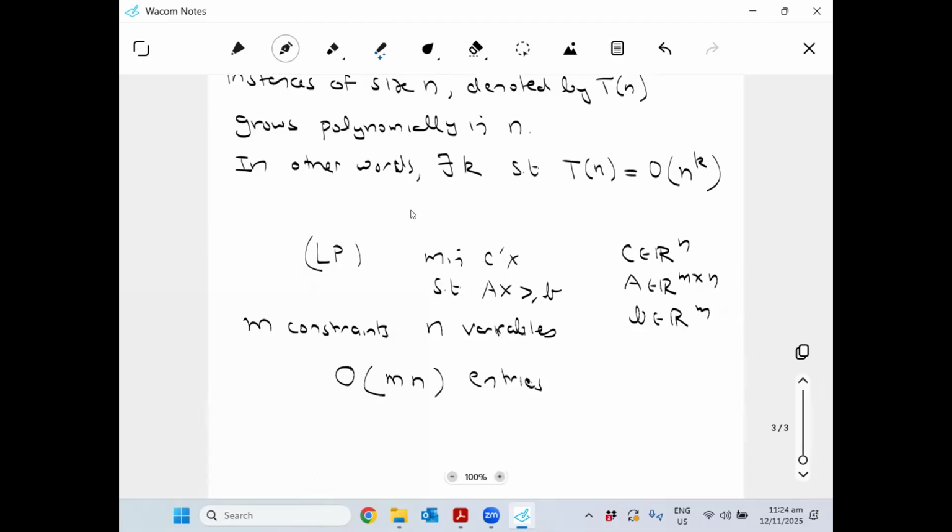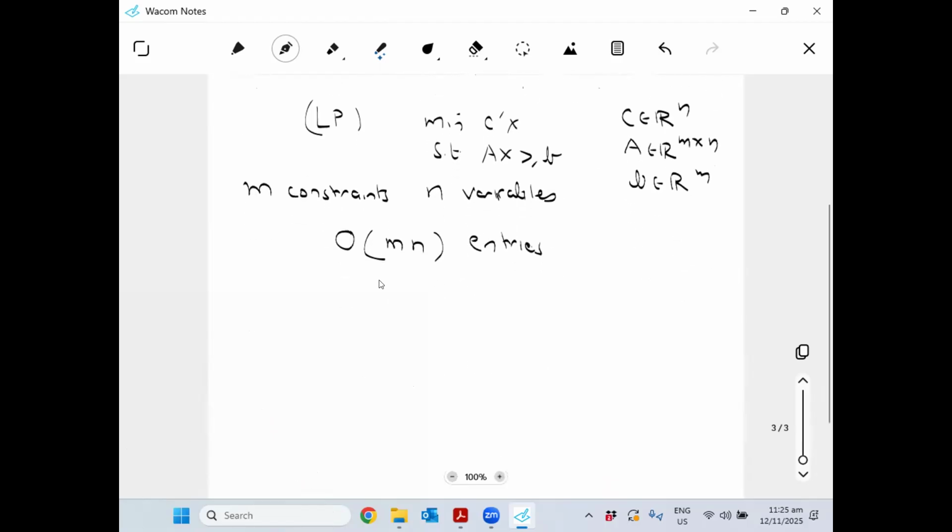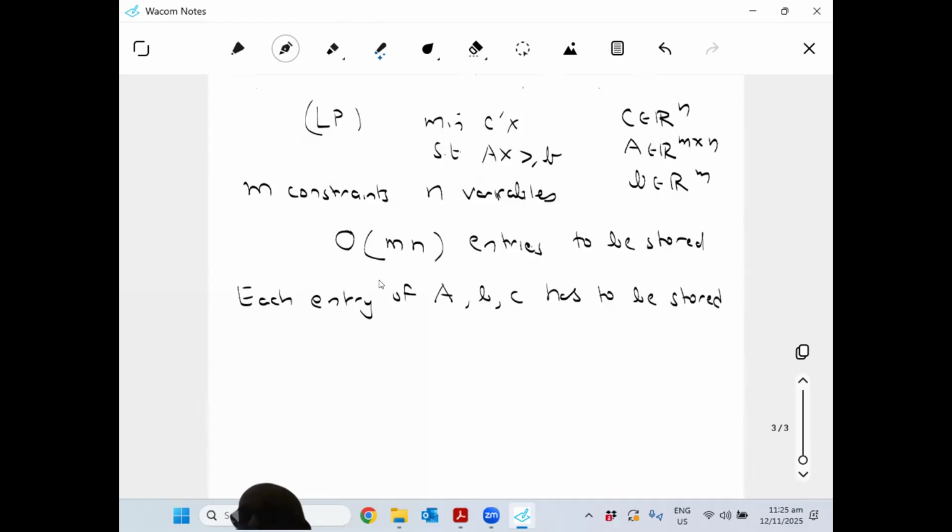What is important next is how do we store the numbers A, b, and c? They're numbers, right? There's a 0.5, 25, 36, whatever. So each entry of A, b, and c has to be stored. And now it comes down to how you store numbers on a computer, and how you analyze the complexity of an algorithm.